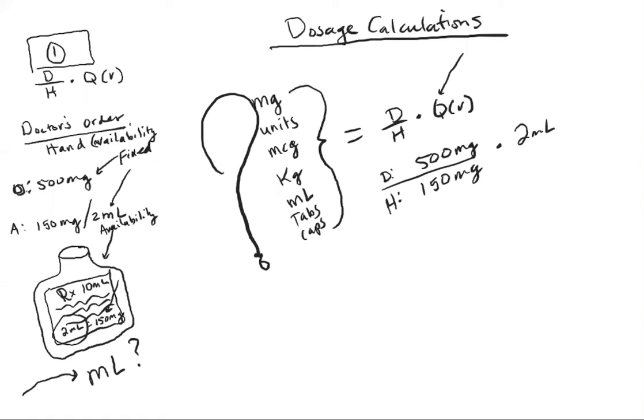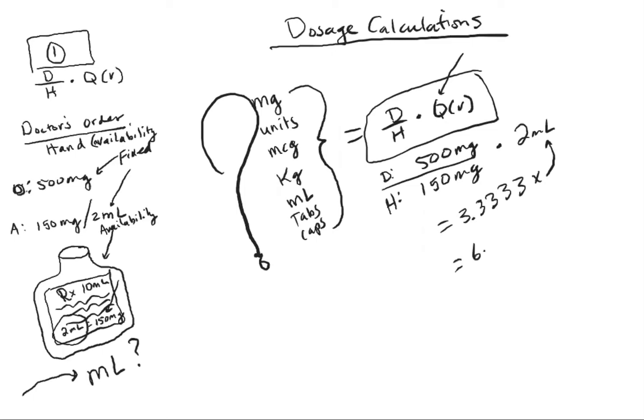That gives us 3.3333. Now you have to take that answer and multiply it by your mLs, because that's what the formula says to do, correct? So you get that 3.333333, you multiply it by 2 mLs, and that gives you 6.666.